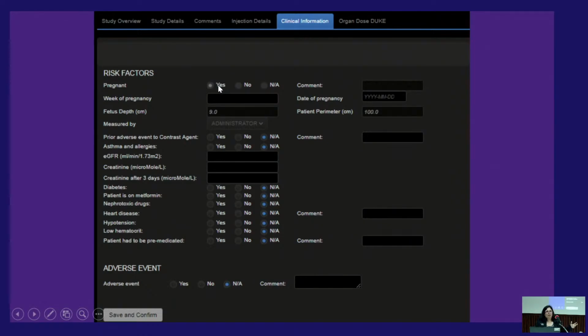I don't know if it has to do with patient privacy or whatever, but it won't calculate that for every patient because it's useless to do that, right? You just want to be specific, and this information, when you put it in, I think the way it calculates is based on papers in the literature. I think Angel's paper in calculating the fetal dose based on depth and patient perimeter.